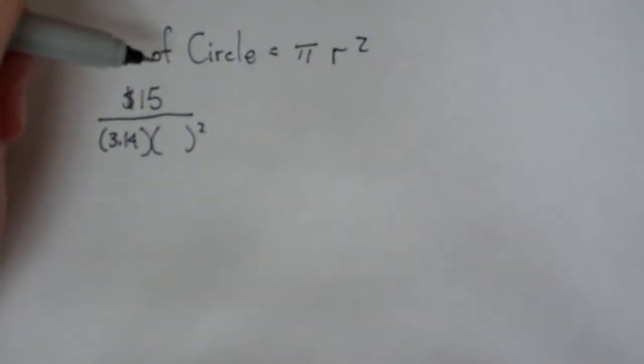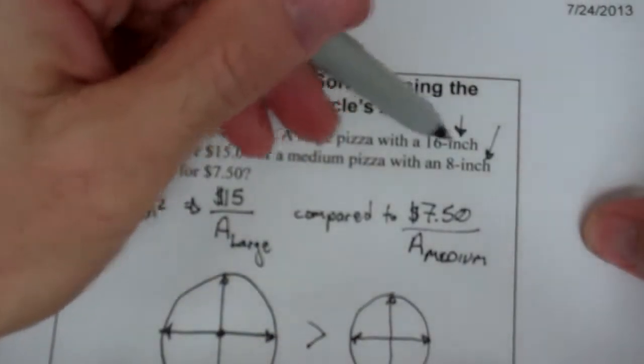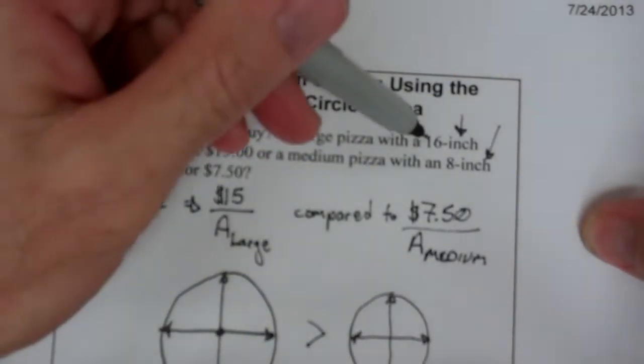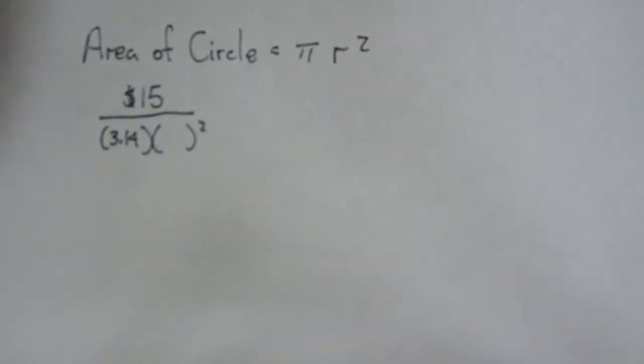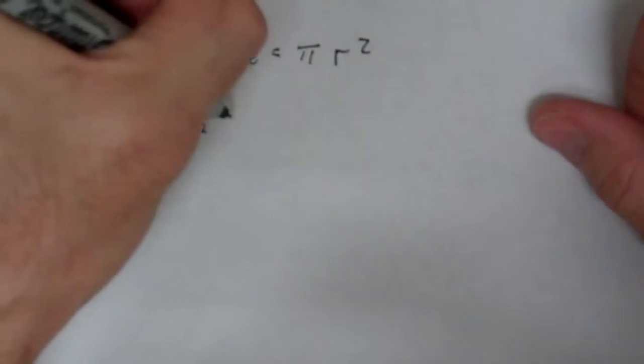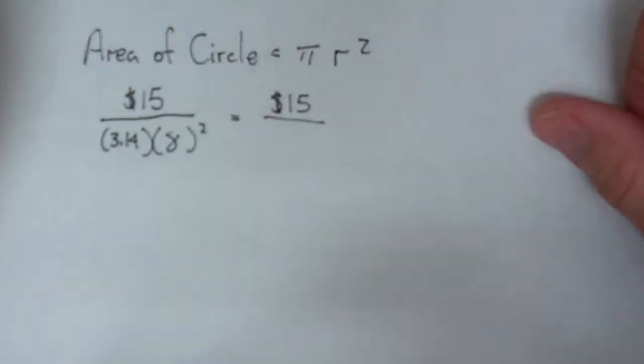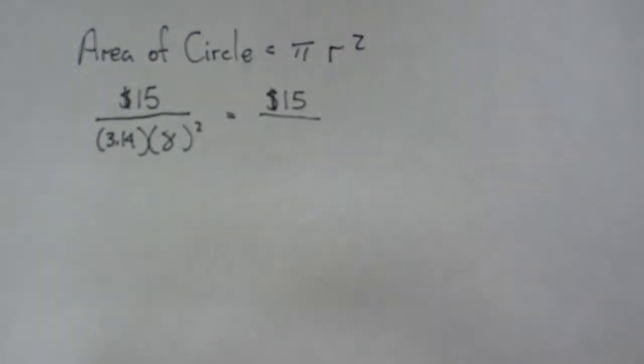Now remember, it told us that it was a 16-inch diameter. So 16 inches in diameter is going to give us a radius of 8. And so now you're going to have $15 divided by 3.14 times 64, which I'm going to put into my calculator.